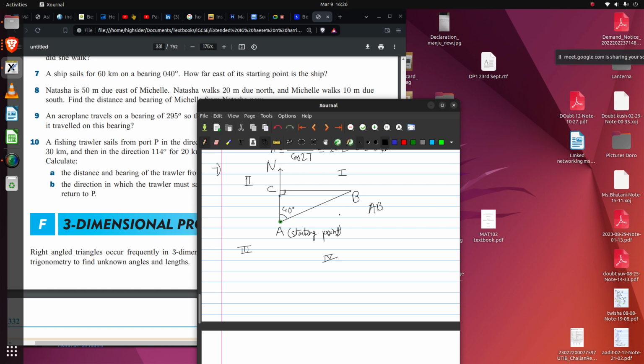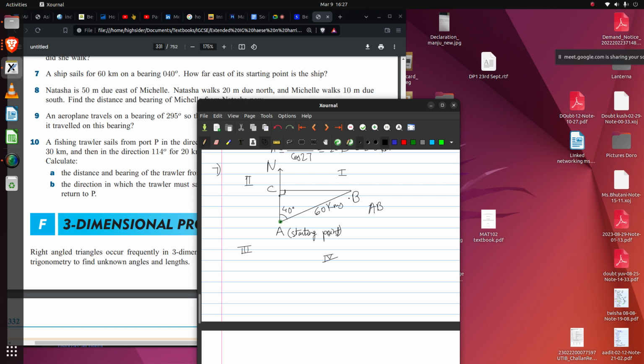No. The ship says, where is the ship going? Along which side of the triangle? So it says 60 kilometers. Which length? 60 kilometers, but which side of the triangle? From A to B? Yes, that is 60.